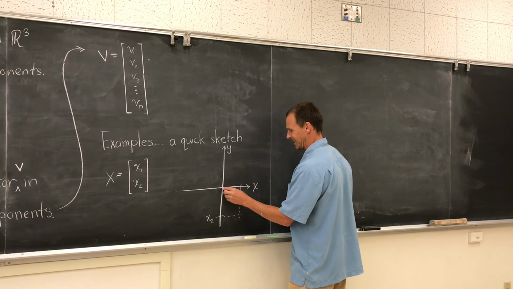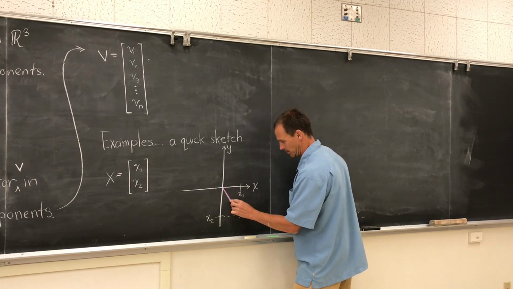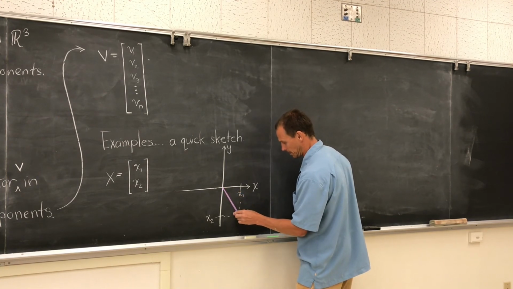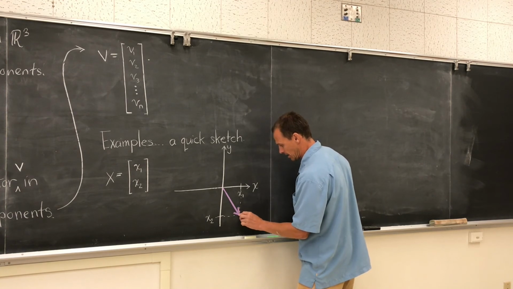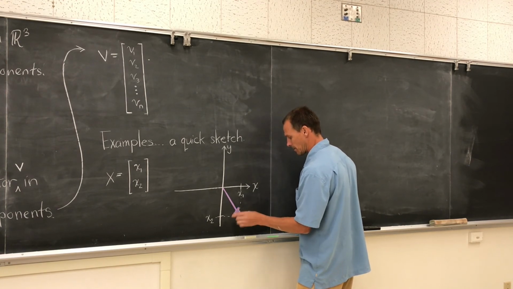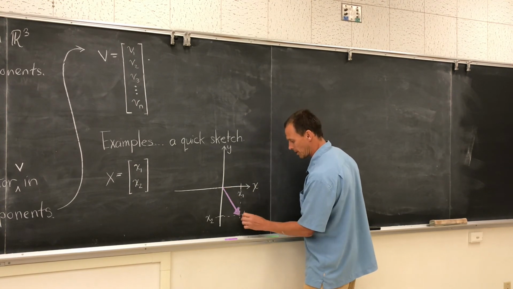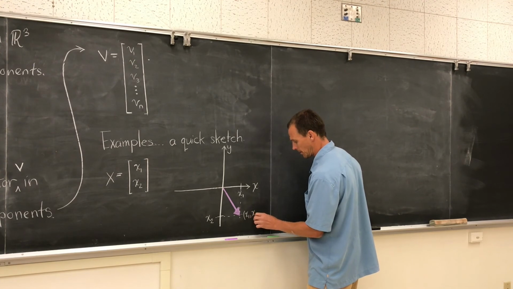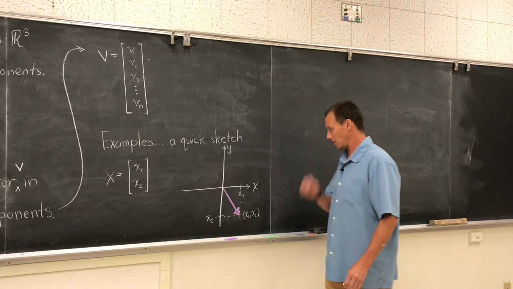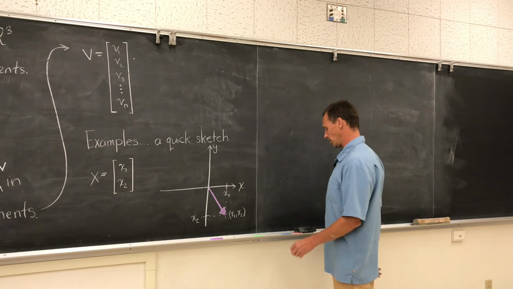No, any color is fine. But my vector x then is the arrow from the origin to the ordered pair x1, x2. Okay?